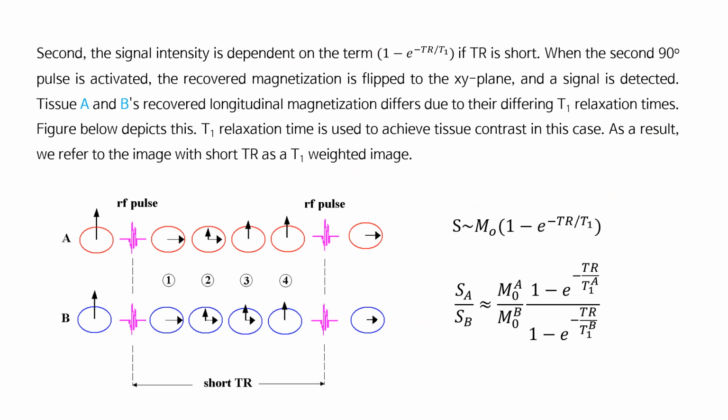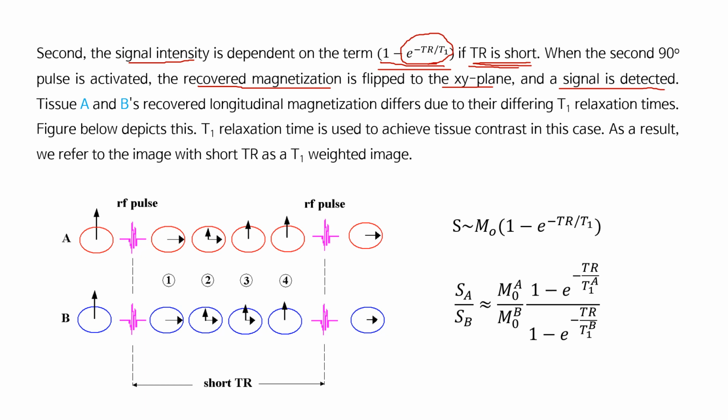Second, the signal intensity is dependent on this term if TR is short. If TR is short, this term survives, so signal intensity depends on this term. When the second 90-degree pulse is activated, the recovered magnetisation is flipped to the XY plane and the signal is detected.